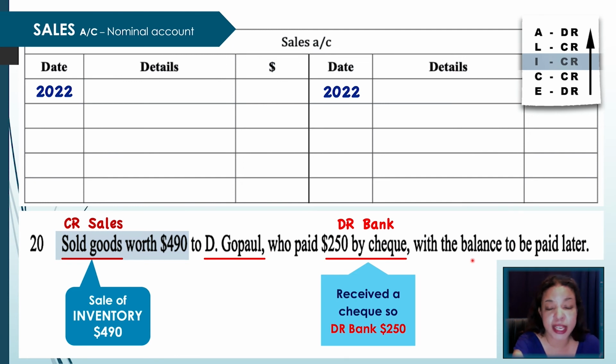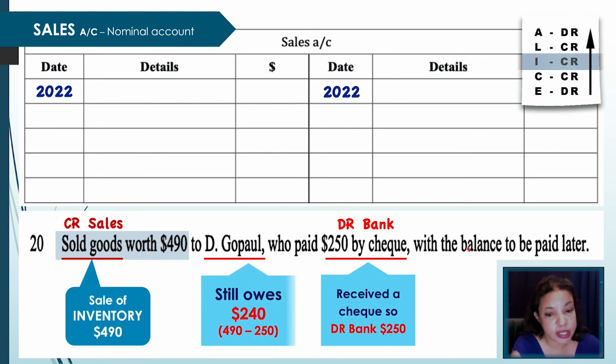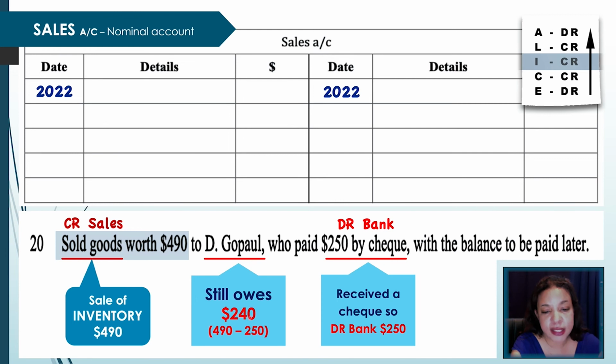There is a portion of it that is still owed by D. Gopal, which means he's a receivable that owes us $240. So receivables, assets, would be debit because we still have to receive that money. It's ours. It's an asset. So that means it will be debited.